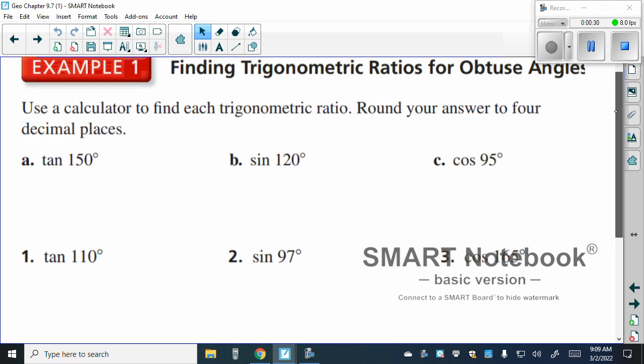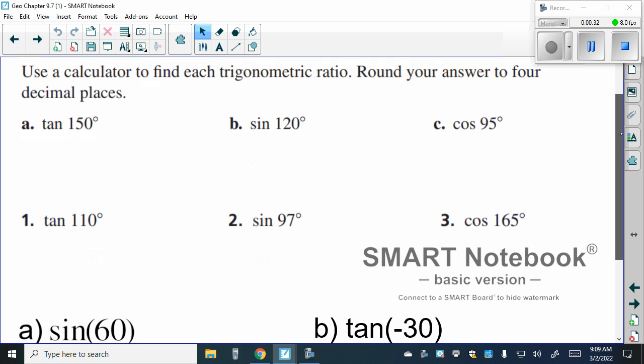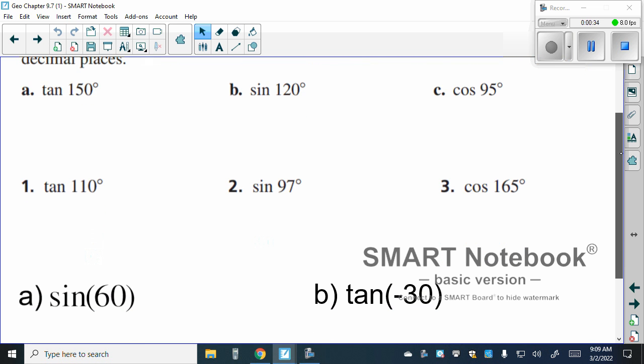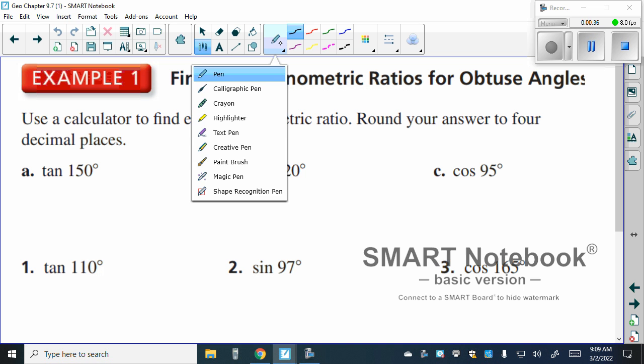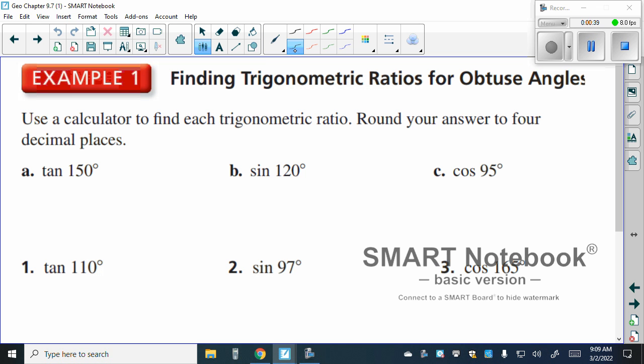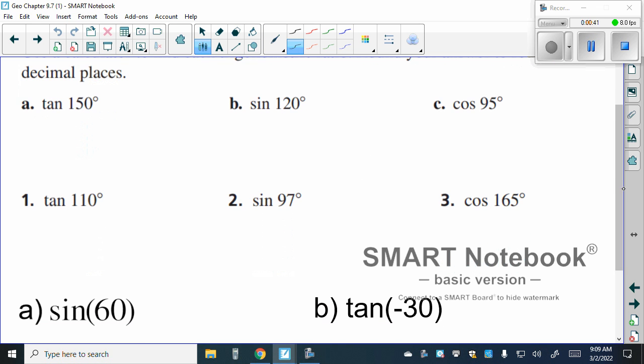Right, so for these here, we can plug these into the calculator. So if we type tangent of 150 into the calculator, we would get an answer. Okay?